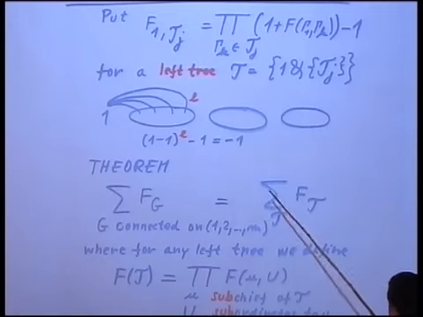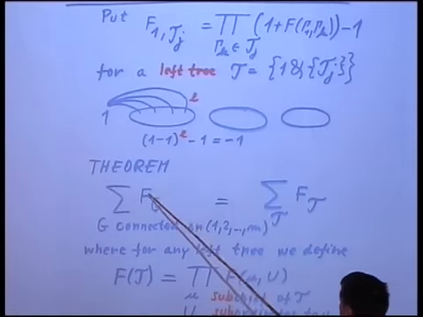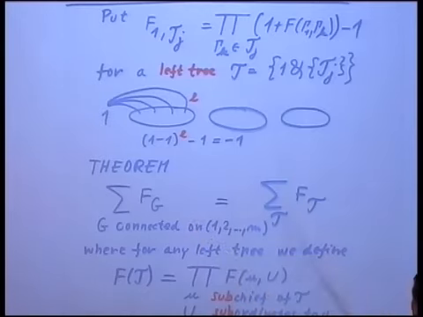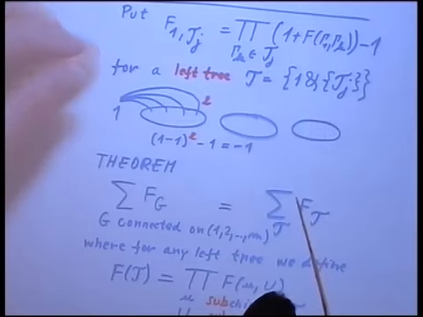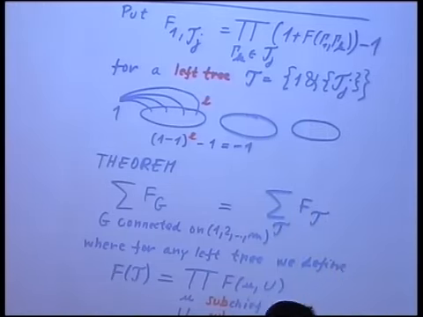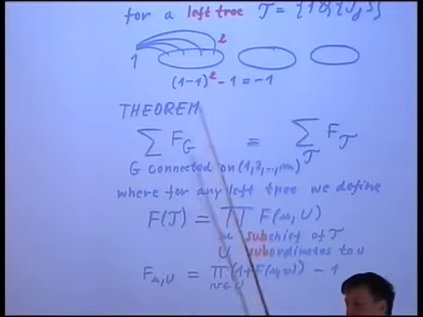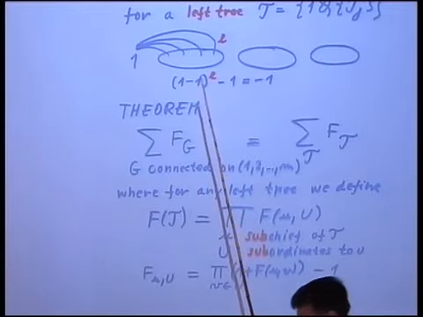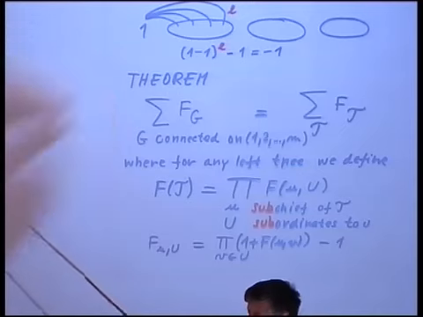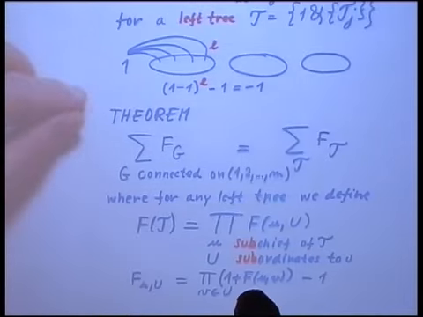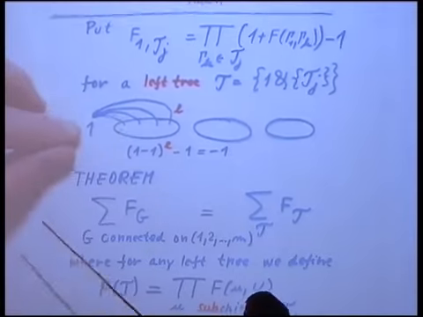And then you have a very elementary relation that the sum over graphs is the sum over left trees with quantities f defined in such a way, which are -1 in the hard repulsion case, and which are between 0 and -1 in the soft case. So what is this f subscript T?